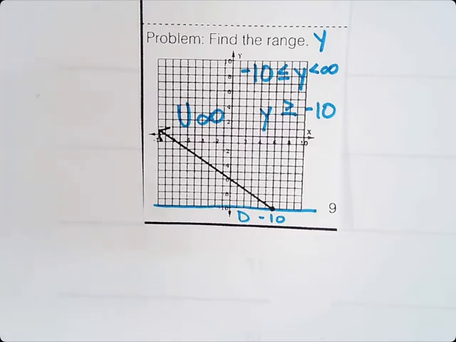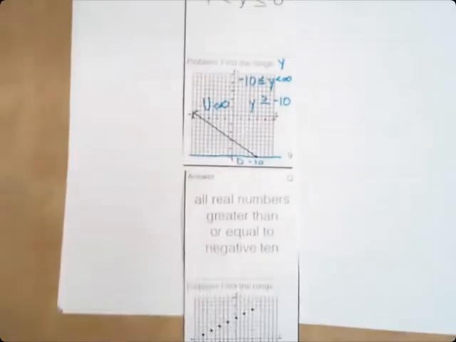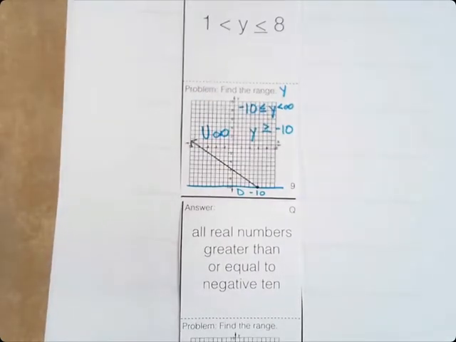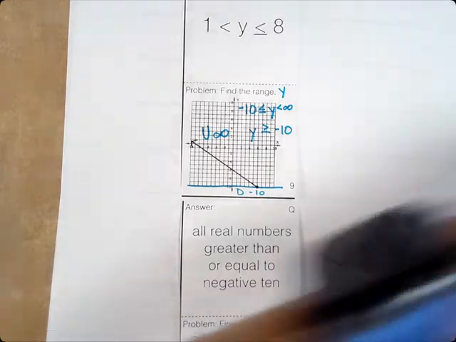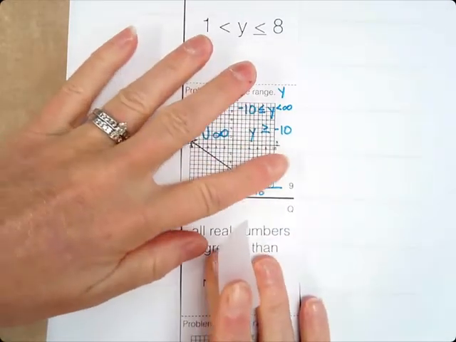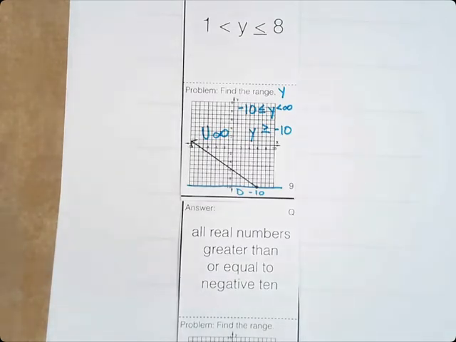Isn't that what it's supposed to be? Yeah. All real numbers greater than or equal to negative 10. That works. Okay, so tape these together. Q. It's going to be one long chain, but it's actually going to connect to the last one. So it's going to end up being a circle.